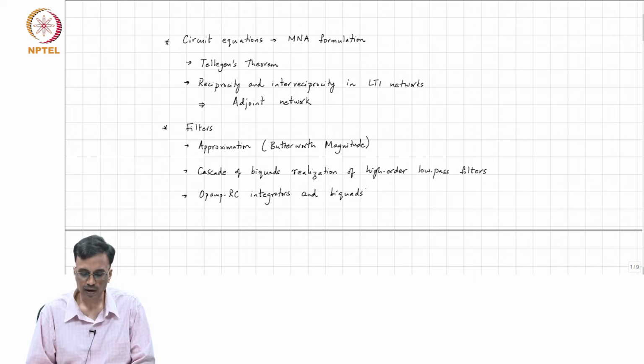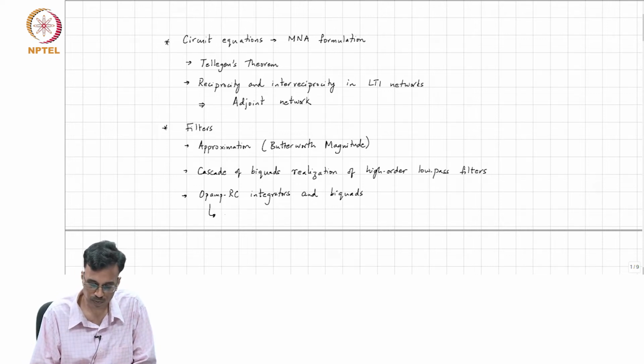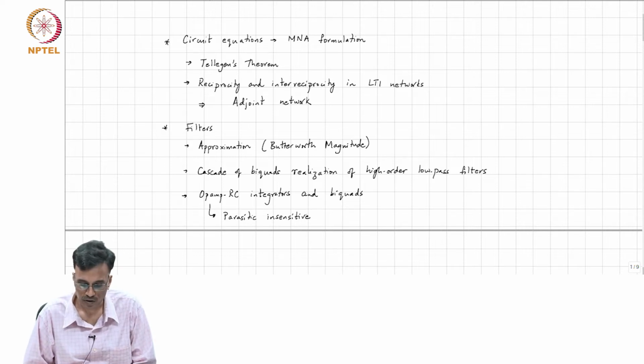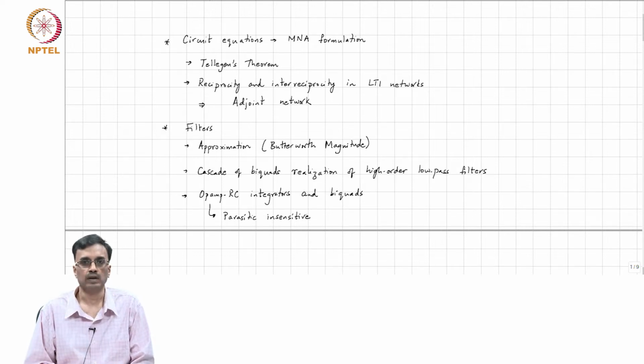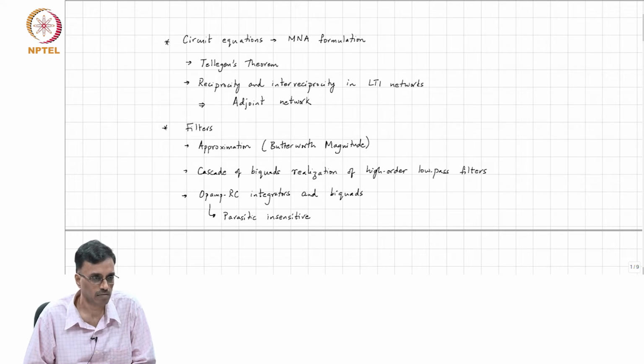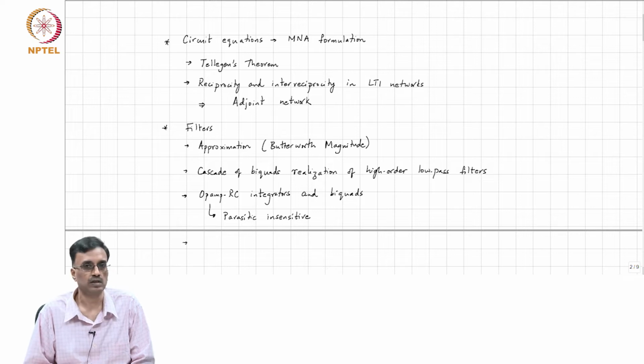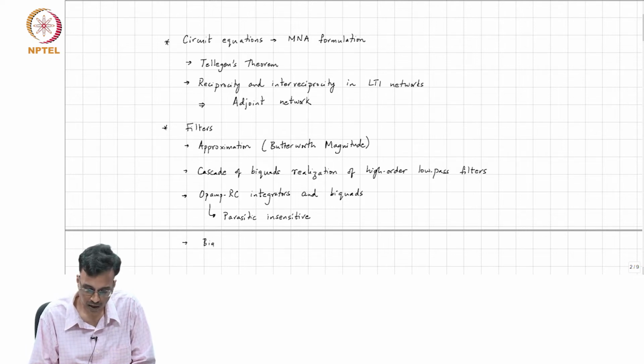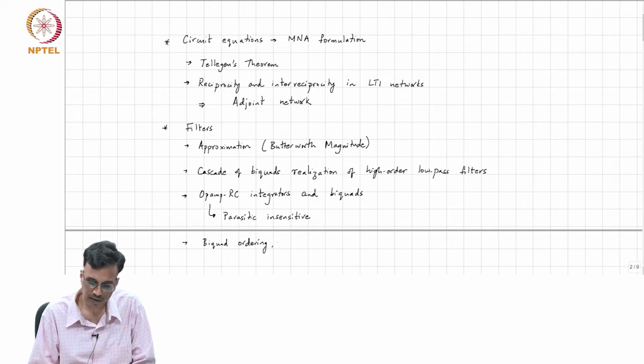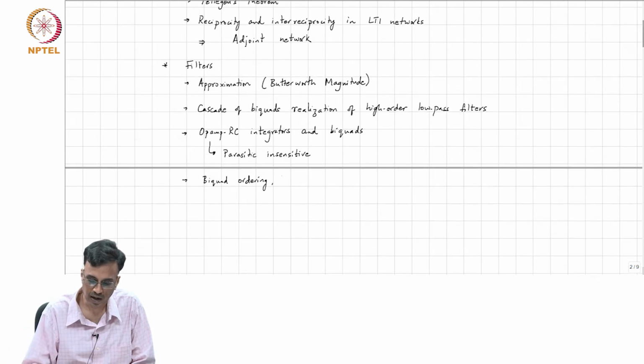The utility of this is that the op-amp RC integrator is parasitic insensitive, and thanks to the op-amp, the integrator is also extremely linear. Then we saw that it's not merely enough to just make biquads and cascade them. We also need to figure out biquad ordering, as well as the need for dynamic range scaling.